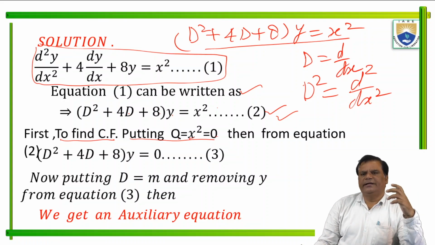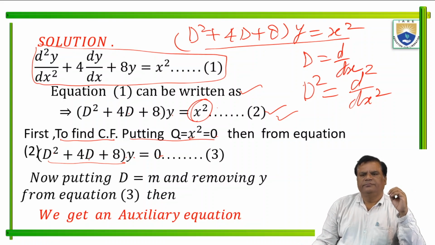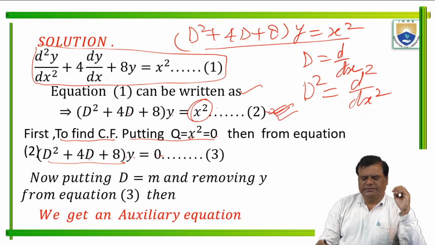Then equation 2 becomes (D square plus 4D plus 8)y equal to 0. In equation 2 the function is x square, but now we have taken the function as 0. Then we get equation 3.